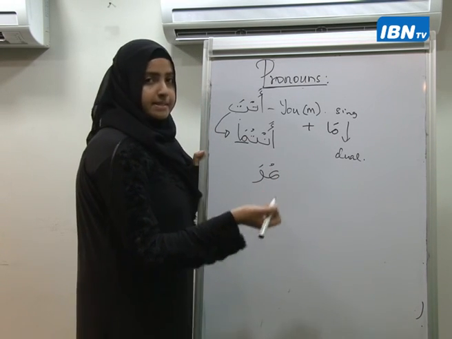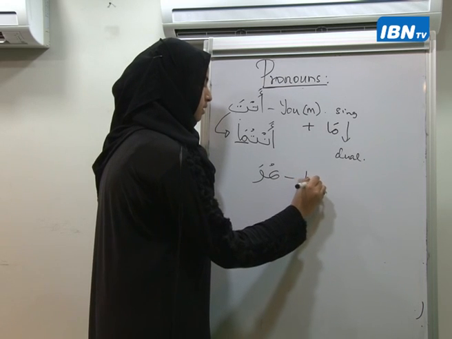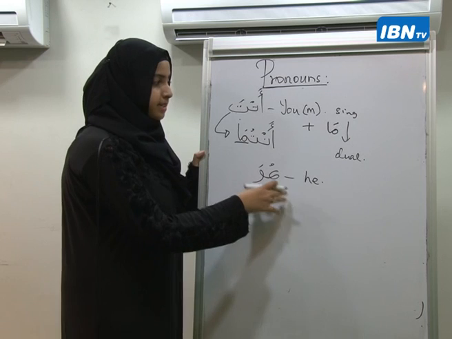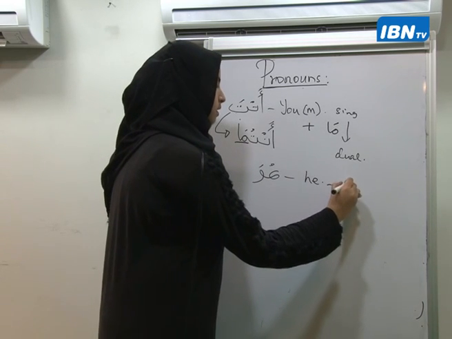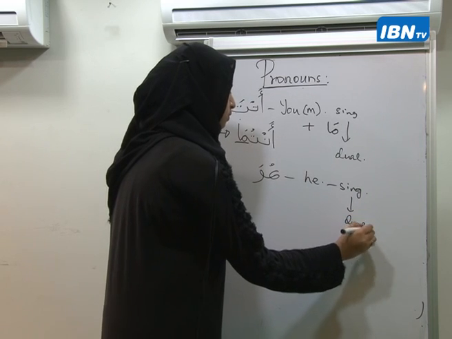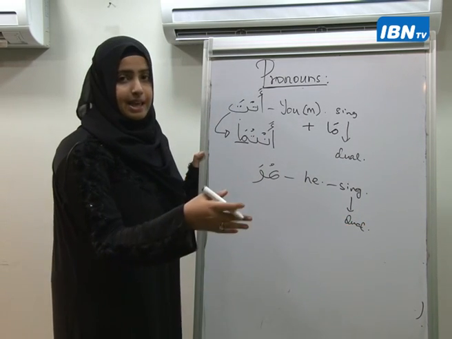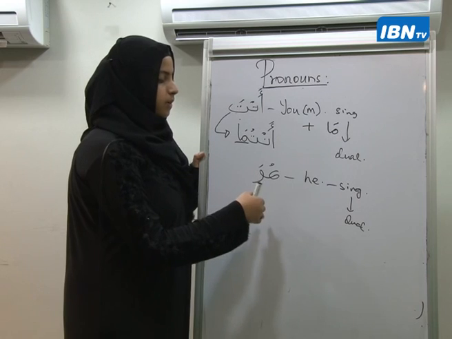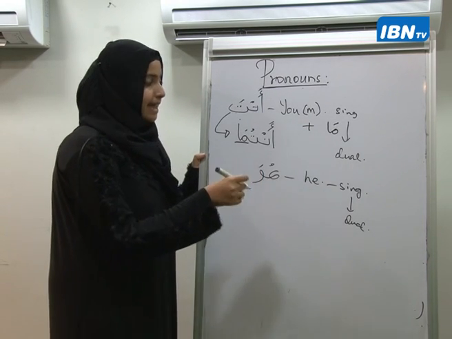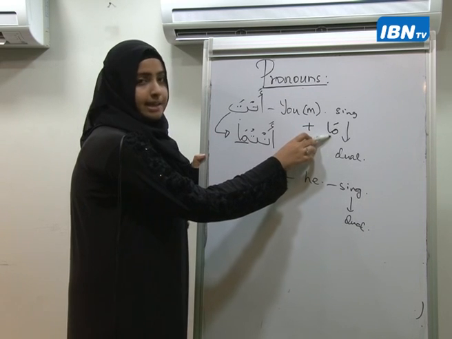Huwa means he, right? So if huwa means he, now I want to change this singular into dual. I want to make he into dual, right? So I'm going to remove this waw and add again meme and alif.